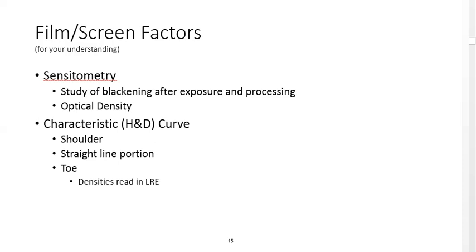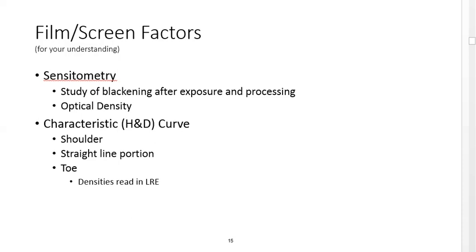The toe portion is where we get to a threshold exposure where useful densities would eventually be recorded. So the toe portion was X-ray exposure that was too low to be useful. The shoulder portion was X-ray exposure that was too high to be useful. So the straight line portion represented the useful densities.